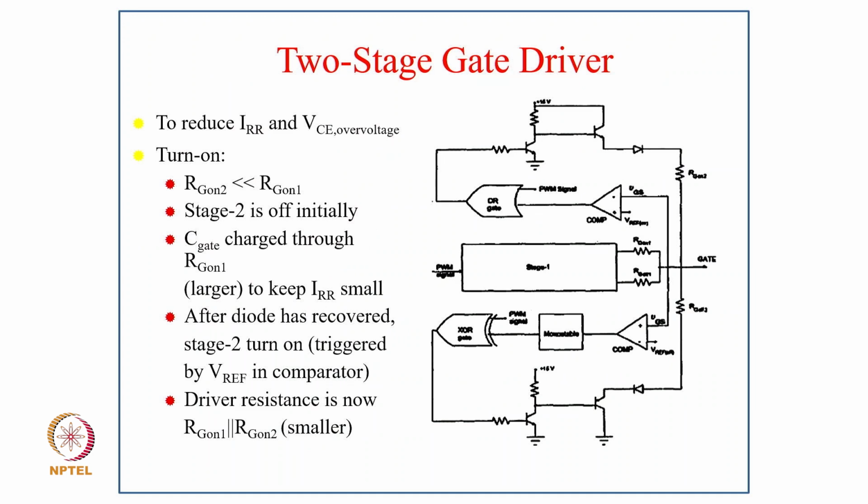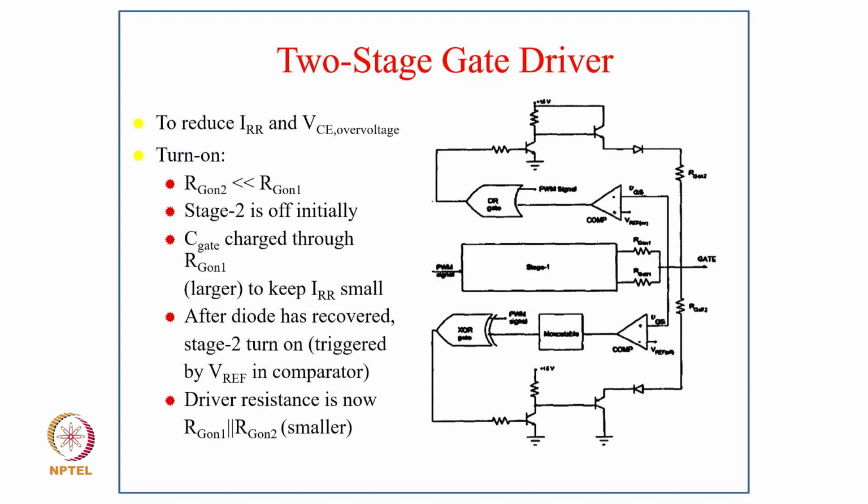So a typical example of a two-stage gate driver circuit, as you can see here. It is used to reduce the reverse recovery current and the VCE overvoltage that we discussed earlier. To turn on, we keep RG on 2 much lesser than RG on 1, which are shown here in the figure, and stage 2 is off initially, and CGE is charged.